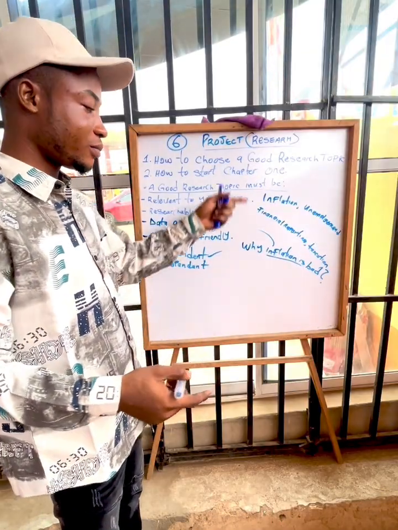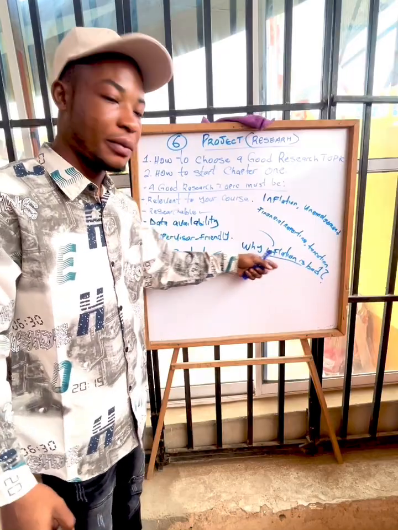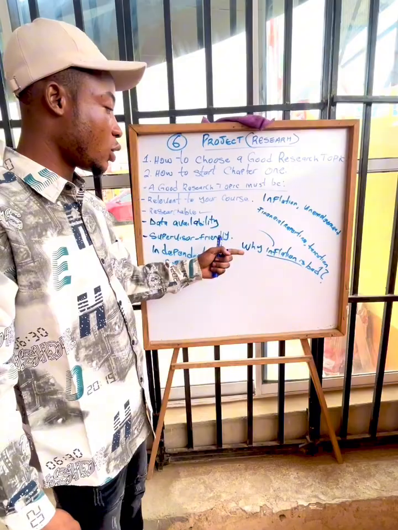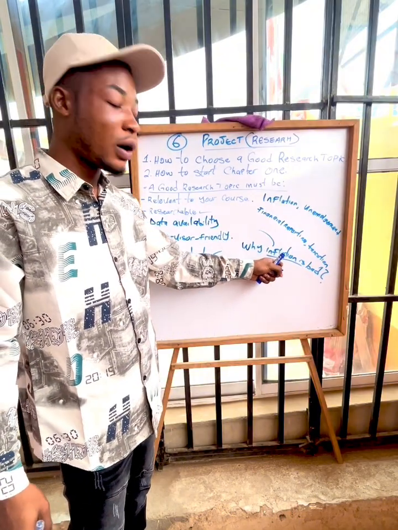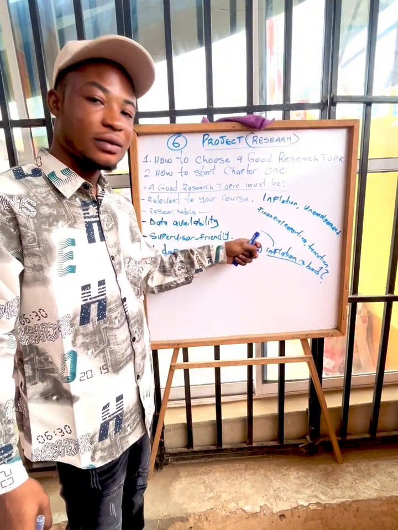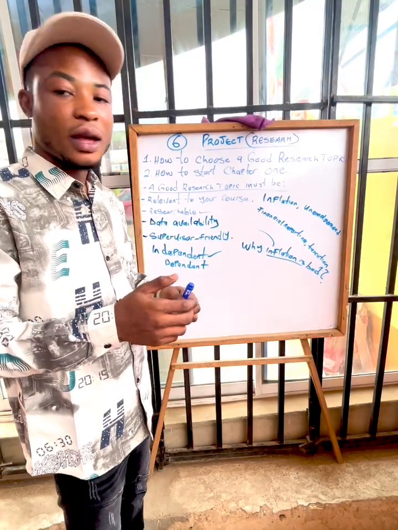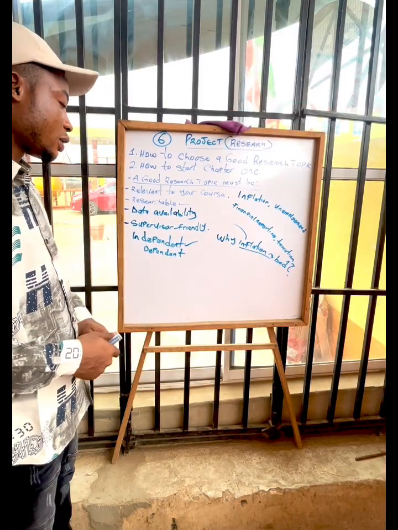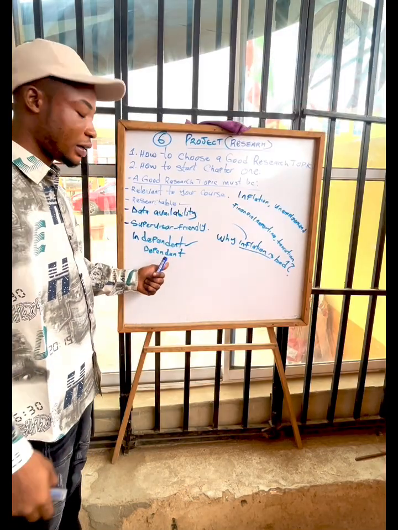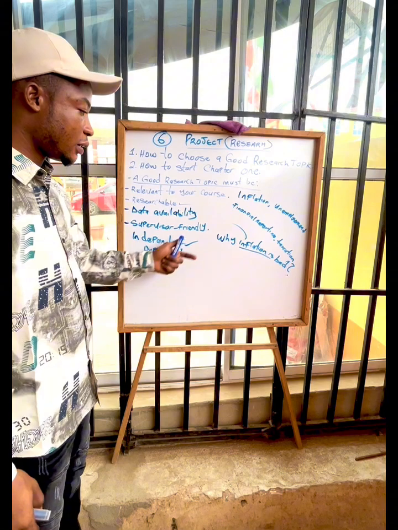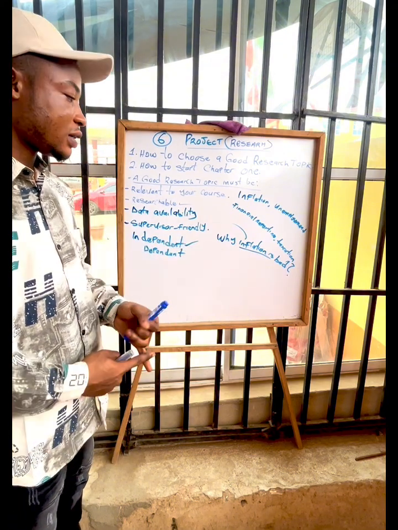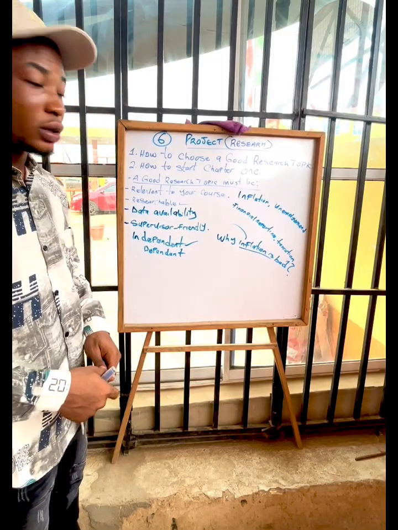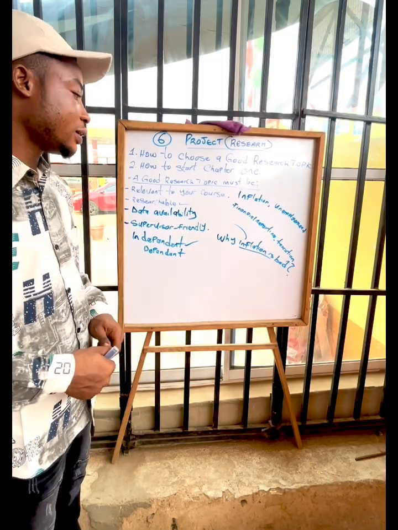Another point is this topic does not have a time frame, a duration, or let us say the country. This topic does not state the country we are working on. So that makes that topic a very bad research topic, because it doesn't have a dependent variable, it doesn't have a time frame, and it doesn't have a country in which that project is going to be tested and all of that.